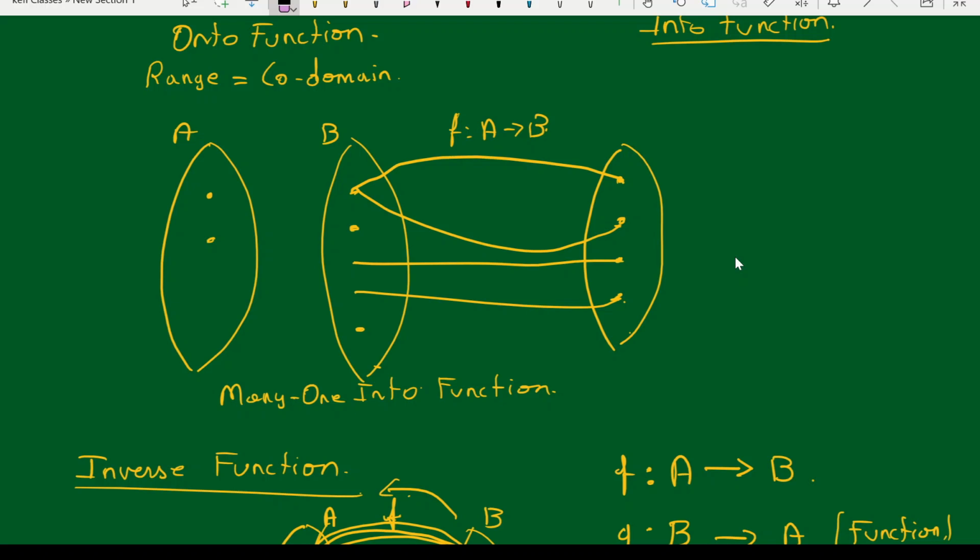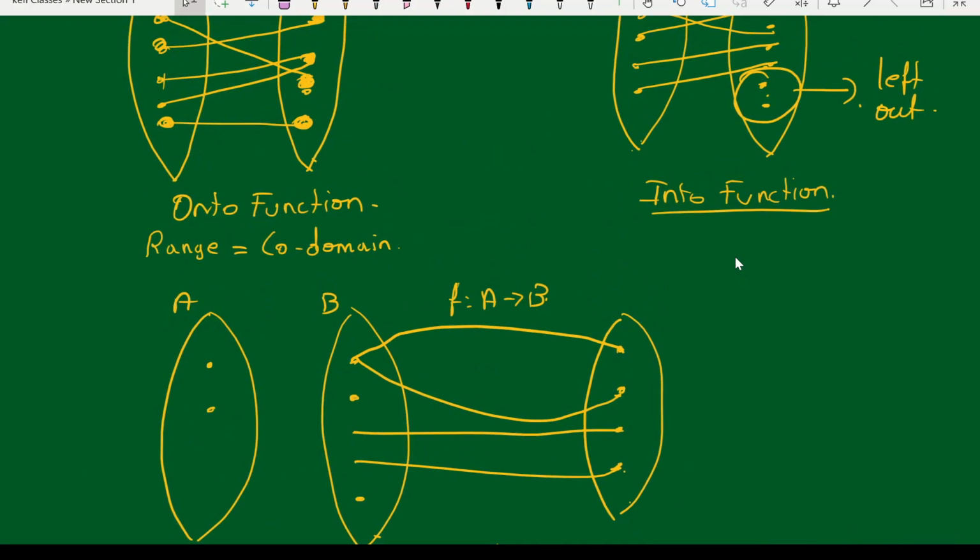So in this case, the inverse does not exist, because you have a function from A to B, but you cannot define it in the opposite direction from B to A. If it is not a function, then its inverse also does not exist.